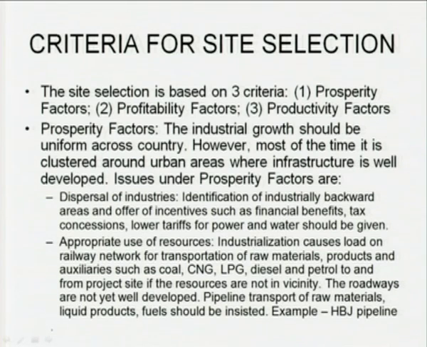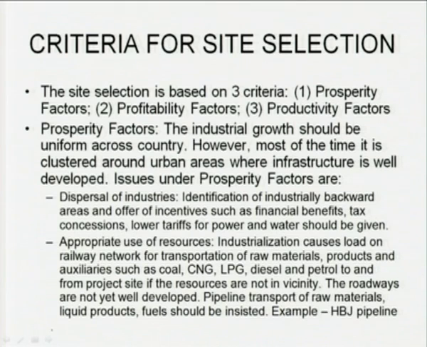The proximity factor has forced the government to consider use of pipelines for transportation of liquid products. An example of this is the HBJ pipeline, the Hazira Bombay Jagdishpur pipeline, which was envisaged to provide the fertilizer plants the crucial raw material. There are certain pipelines under construction for transportation of crude oil from the receiving port to the site of the refinery.